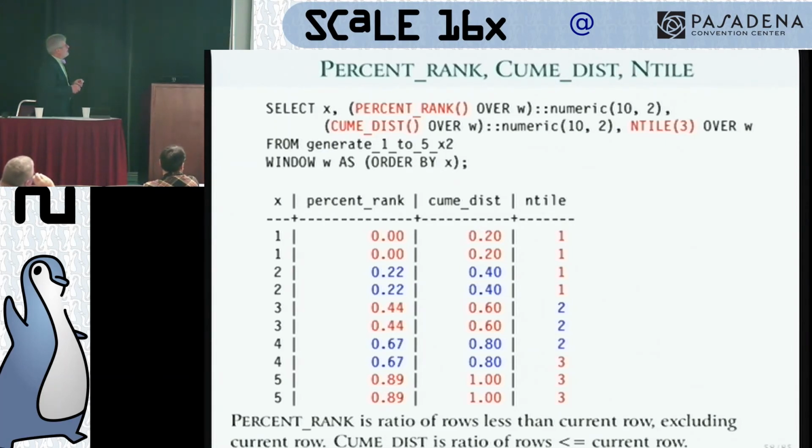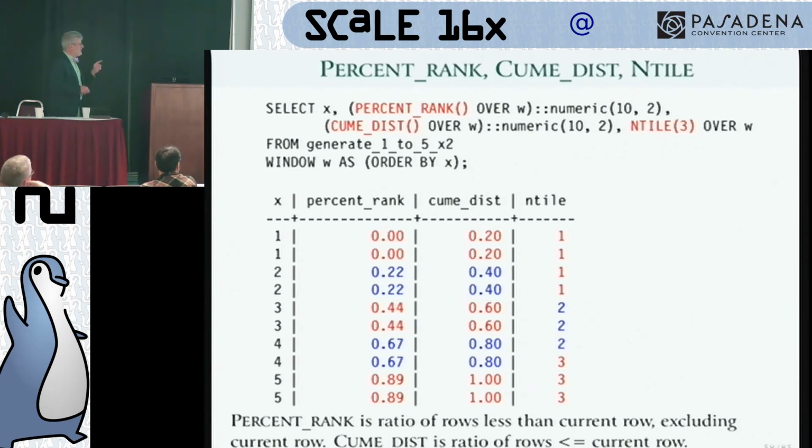Percentile, percent rank, and cumulative distribution. These are trying to give me a sense of what percentage of people are less than me, or what percentage of people are equal or less than me. The gory details are down here. Effectively, one of the odd things is that with percent rank, it excludes yourself.